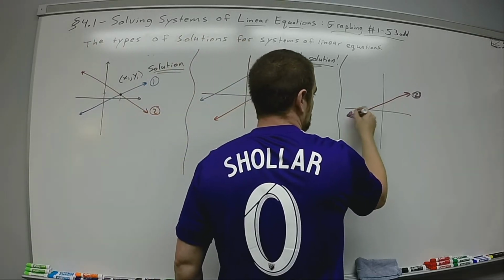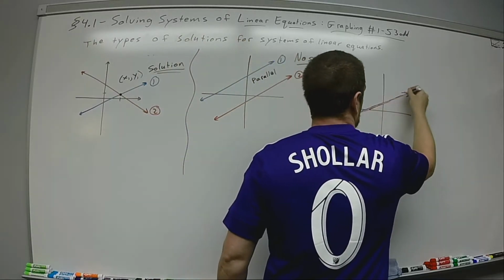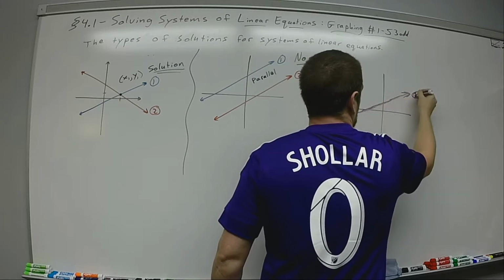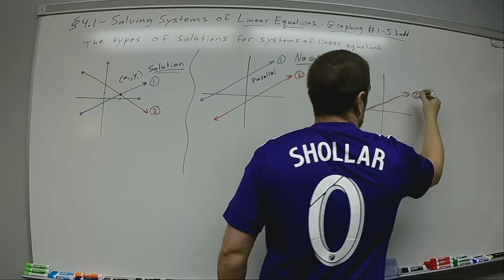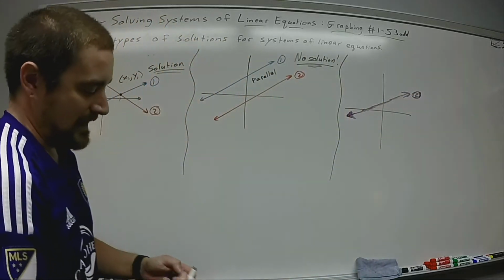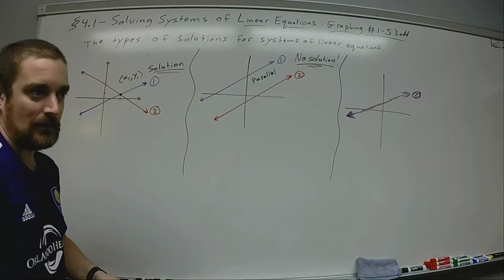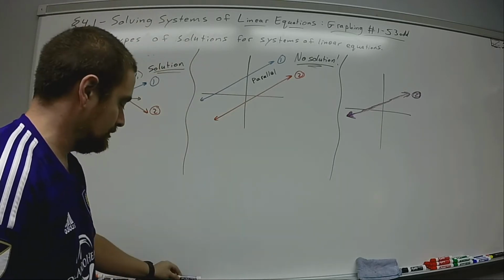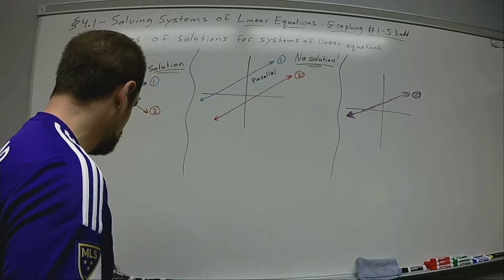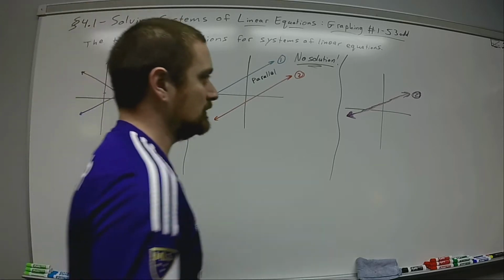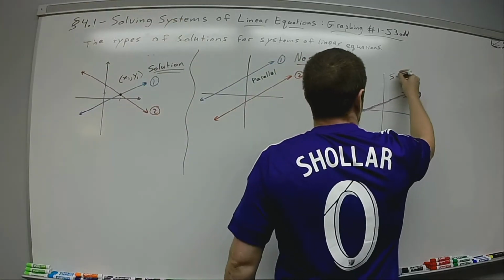So I get this line, and when they overlap, in this case, every point on the first line is also on the second line. This is a case where we would have infinitely many solutions. They're the same line.